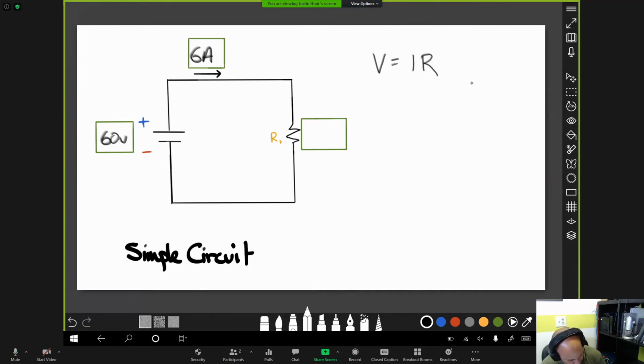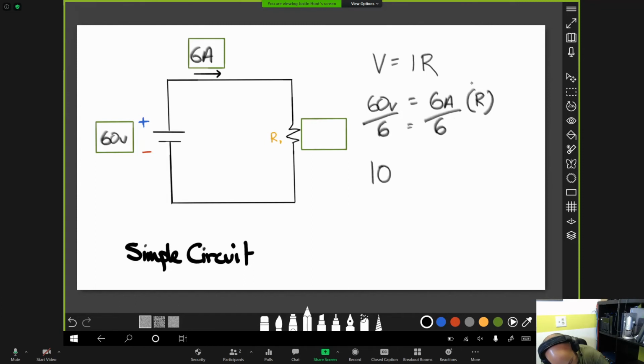V I R. So let's switch it up now. We know we've got 60 volts here. And we know that we have 6 amps of current. And we're trying to figure out what this unknown resistance is that's latent within our system. Well, just like when we were trying to figure out the current, we can do the exact same thing. Let's get the unknown by itself. We're going to divide by 6 here. We're going to divide by 6 on the other side.